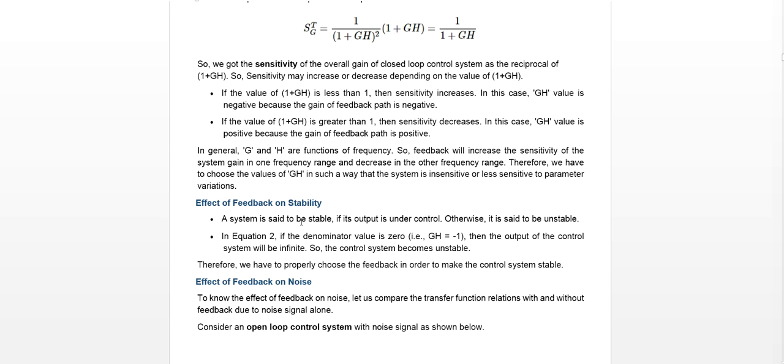So in equation 2, if the denominator value is 0, for example, GH is equal to -1, so 1 minus 1, that's 0. Then the output of the control system will be infinite. So any number divided by 0 is infinite. So the control system becomes unstable. So therefore, you have to properly choose the feedback in order to make the control system stable. So we should not have G times H equal to -1.